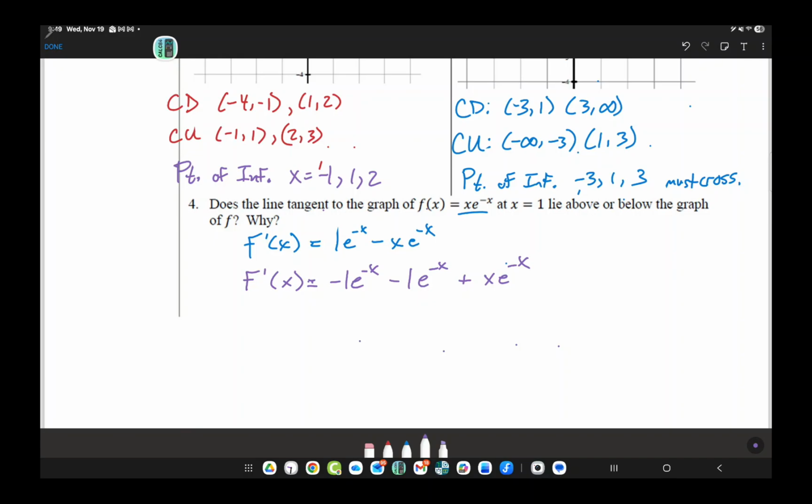Sorry, second derivative, my bad. Chain rule. You have to do the derivative of the exponent as well, which is -1. So you can combine this a bit.